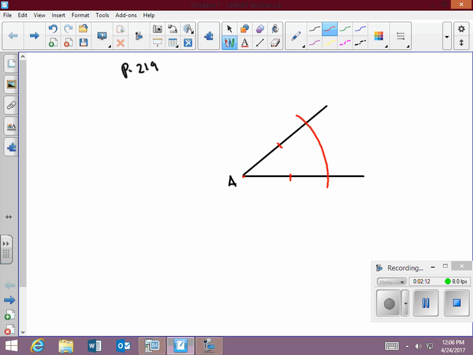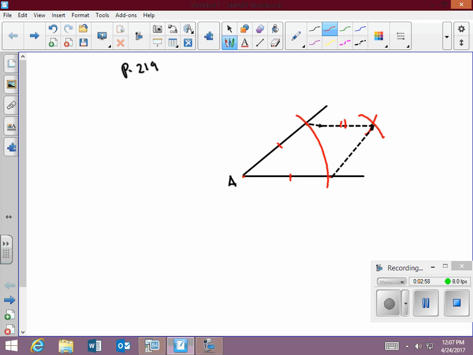Now, you could leave the compass at that size, or you could take any other length on the compass that would be over half of the distance between those, the arc length there. Then you put one point here, lay out an arc, put a point here with the same arc length, and you've created those two sides that are congruent.